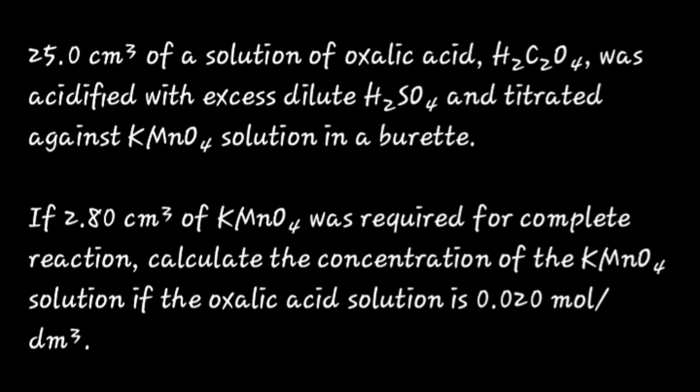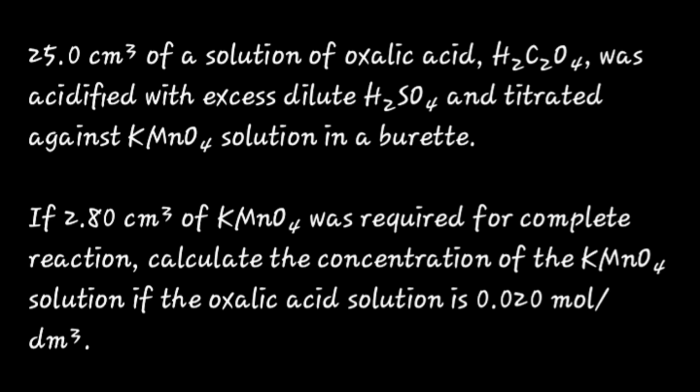All right, let's say we have a question like this: 25 cm³ of a solution of oxalic acid, H2C2O4, was acidified with excess dilute sulfuric acid, H2SO4, and titrated against KMnO4 solution in a burette.